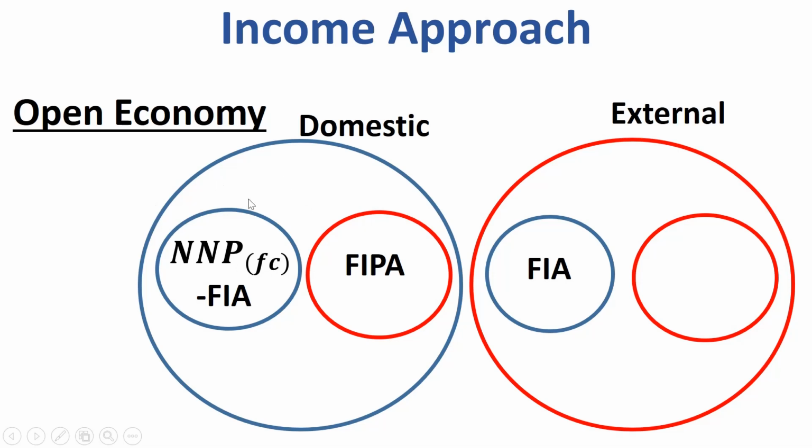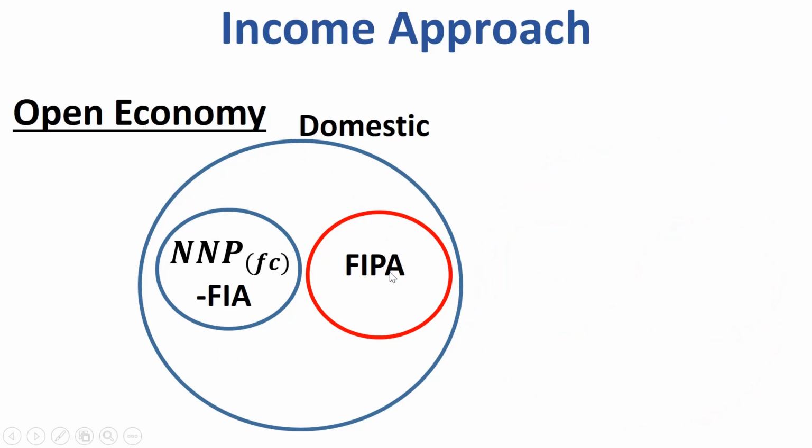With this understanding, let's now remove the external sector and focus on only the domestic economy, because that is where we are going to get our GDP. Alright, in this domestic economy, what do we see? We see that all factors of production that have been employed have earned this form of income.